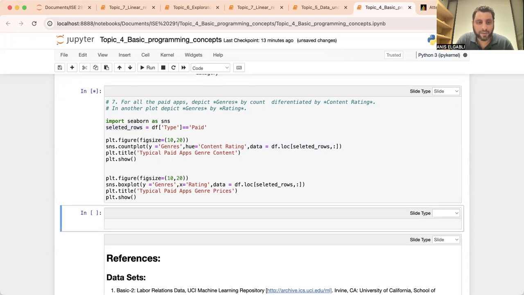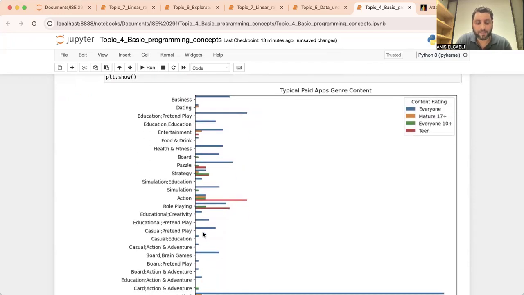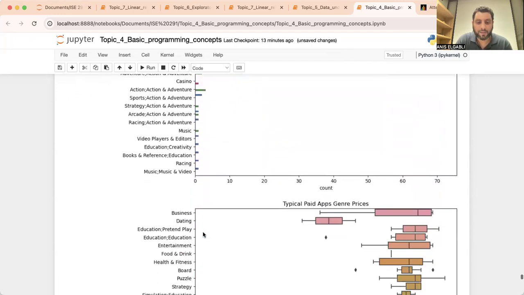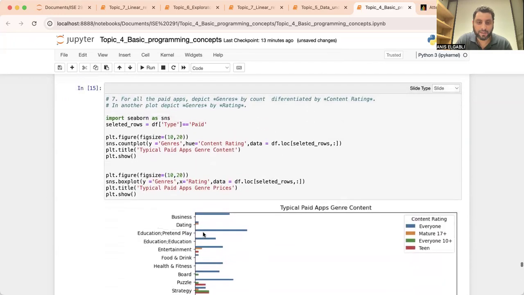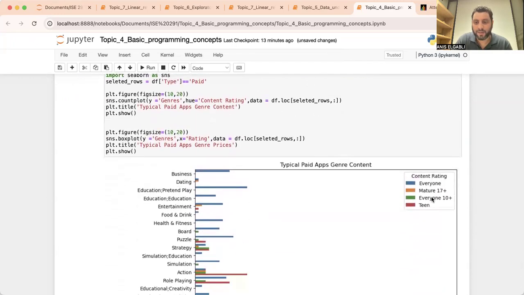Let's look at the first figure. This is it here. There are so many categories here. This is the differentiation by the content rating, so they are given different colors. For every bar, you will have at most this number of sub-bars.